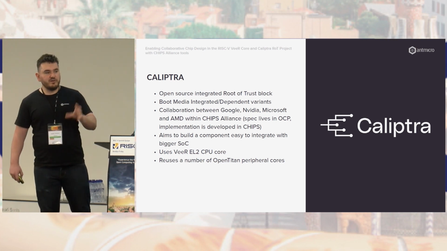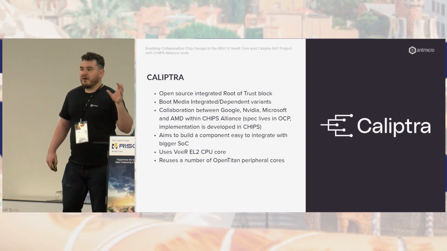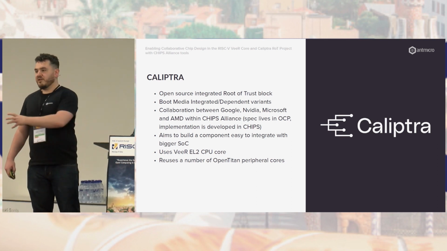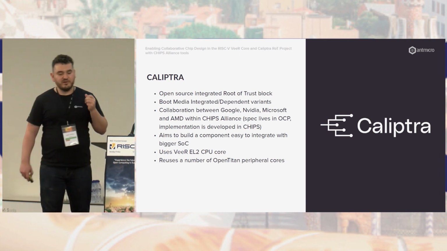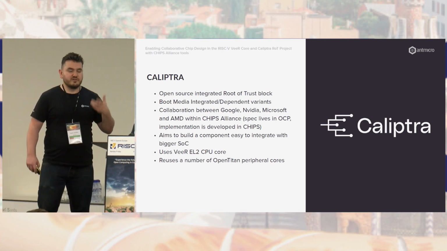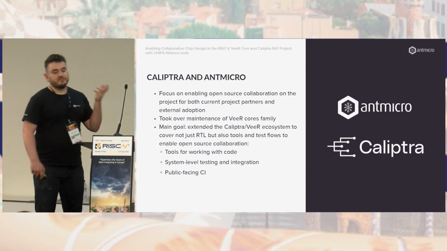Caliptra uses the VeeR core that I mentioned before internally, and it also reuses a bunch of OpenTitan peripherals. We heard about the OpenTitan project earlier today in one of the keynotes. Those are good quality cores. Caliptra reuses them. It doesn't reinvent the wheel.